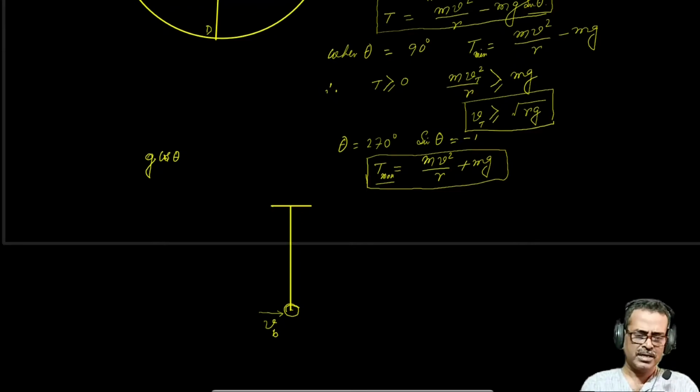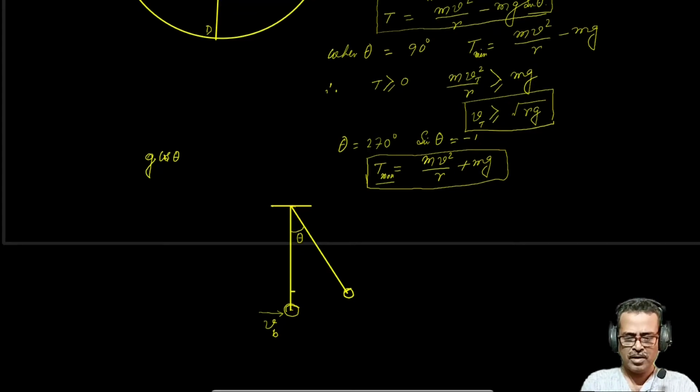And what will be the velocity of the body when it makes theta degree with the initial bottom position? Suppose this is A, and suppose this is theta.